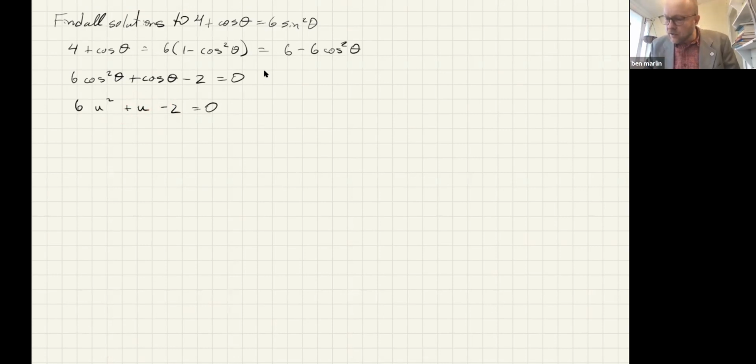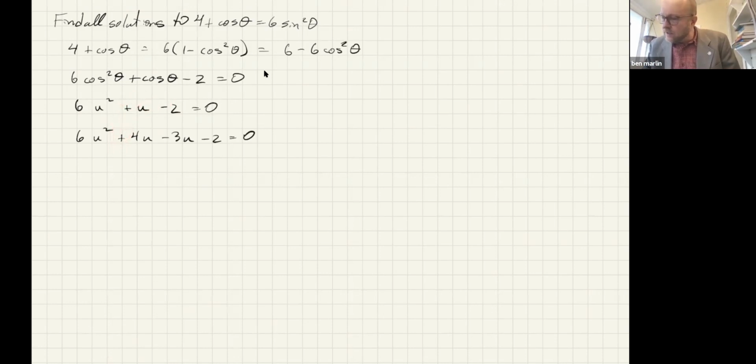The reason that I want that is I'm going to write 6u squared plus 4u minus 3u minus 2 equals 0. Okay, see how I broke it up like that? And the 4 and the 3 came in like that. And also notice that since this was a plus, I wanted the 4 to get the positive because I wanted it to turn out to be bigger.